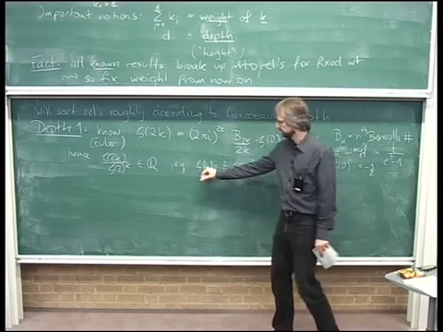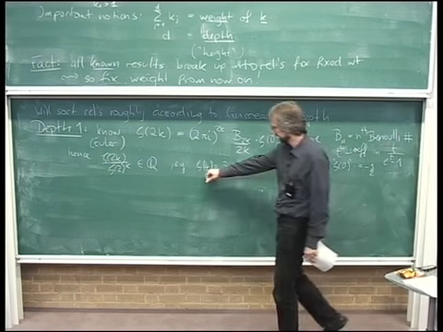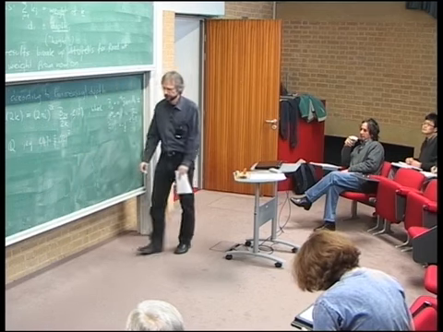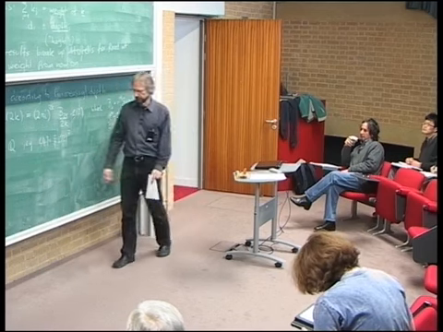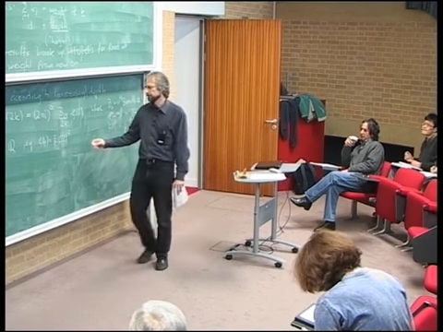If you recall that zeta 4 was pi to the 4 over 90, and zeta 2 is pi squared over 6, then you'll recognize that this hopefully is correct.